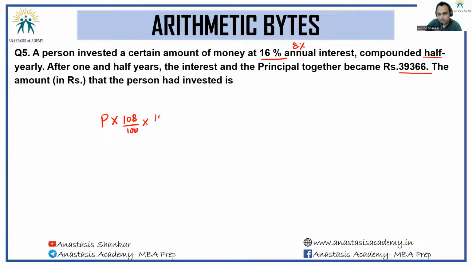So 3 times it will happen. 108 by 100 and 108 by 100 is equal to 39366. The most wonderful thing I can see is 108 and 100 will of course cancel by 4. So I can write it as 27, 25, 27, 25, and 27 and 25.